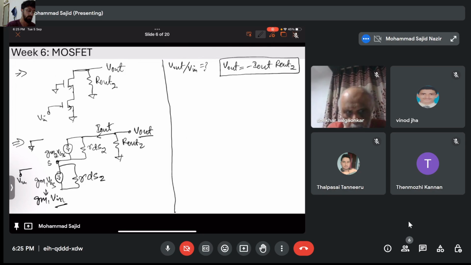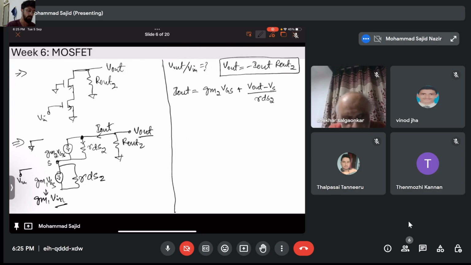Now if I use a KCL here, I out is equivalent to gm2 Vgs. Just follow the steps and look at the circuit, you will understand these terms. This is V out. What is the current flowing through RDS2? It's simply (V out minus Vs) by RDS2. So this is equivalent to I out.